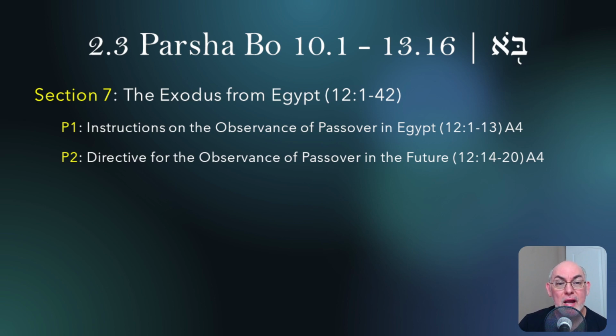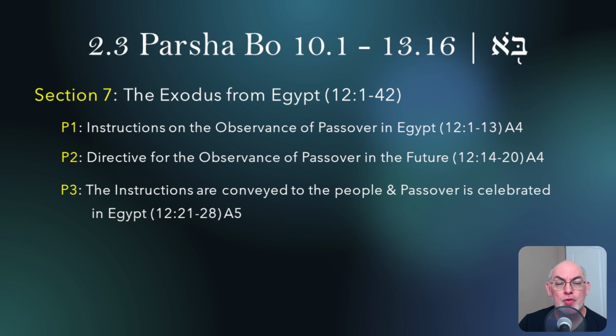Now, our next paragraph: the instructions are conveyed to the people, and Passover is celebrated in Egypt. So this is Exodus or Shemot chapter 12, verses 21 through 28, and this is in Aliyah 5. Now we're jumping back to our narrative.